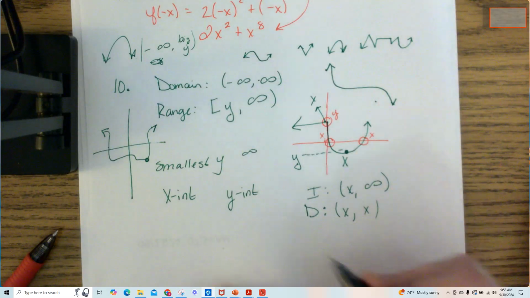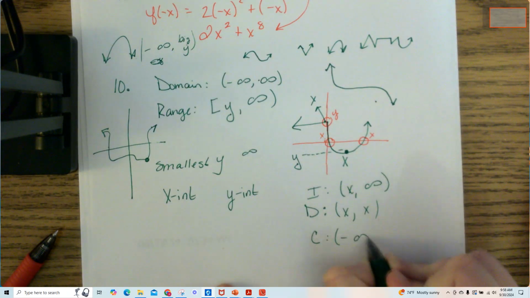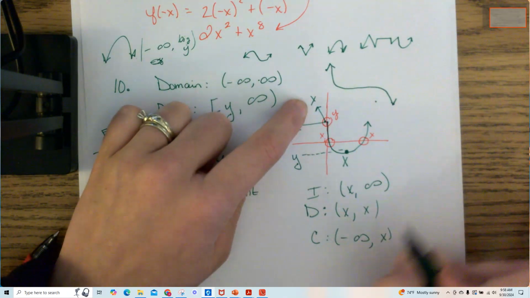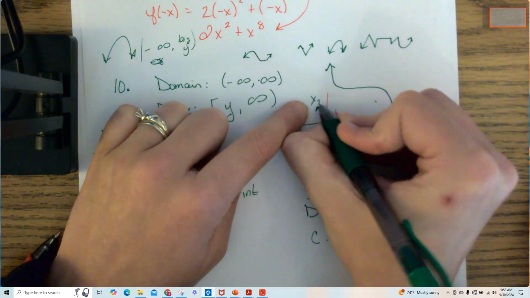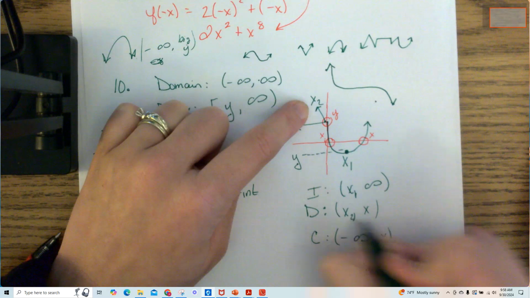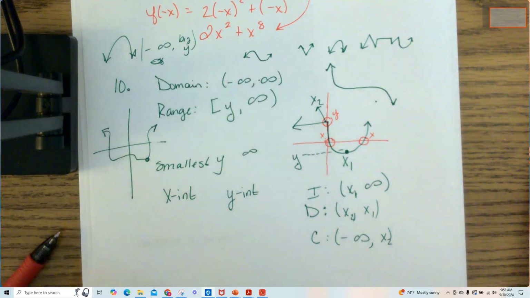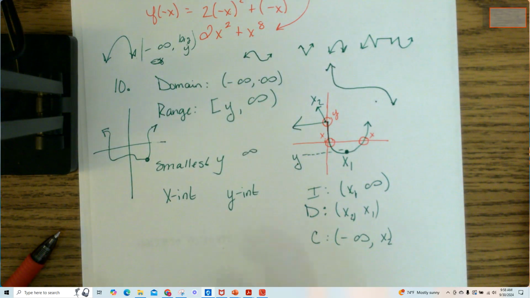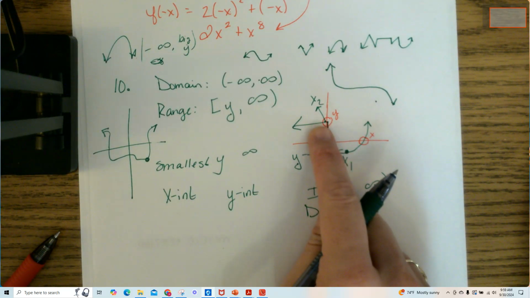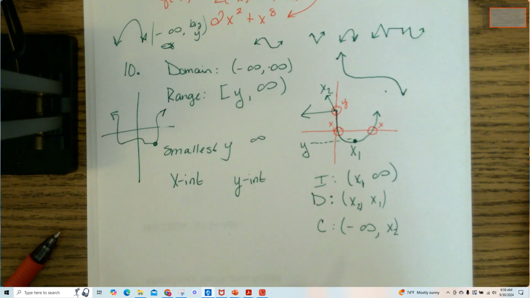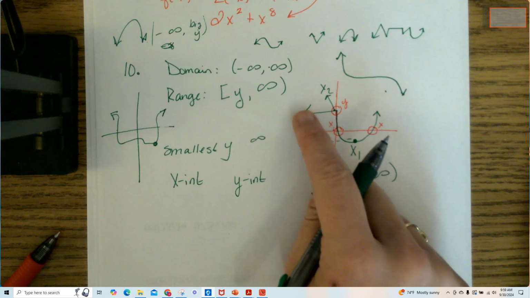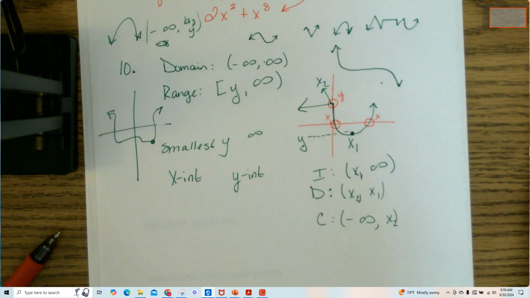The constant here is from negative infinity, and again, I should have labeled these x1 and x2. Over what interval is f constant? Negative infinity to this x value, not to the minimum.